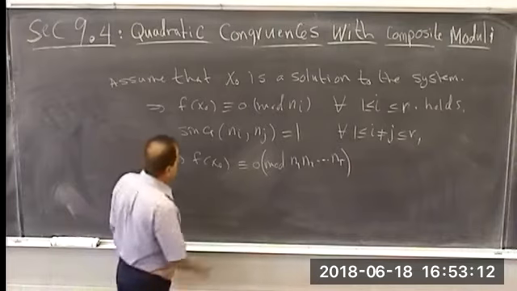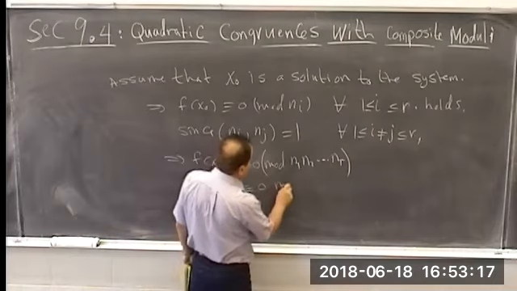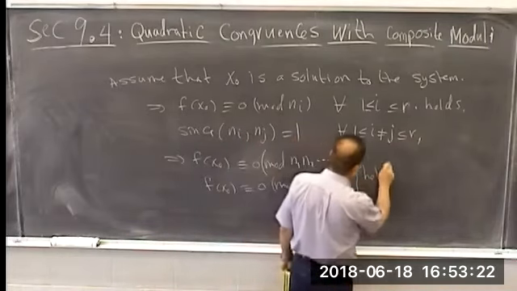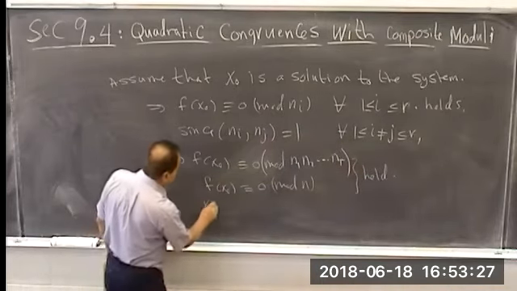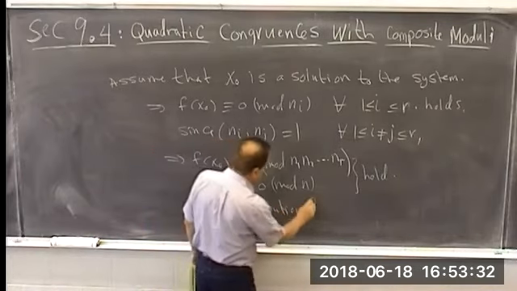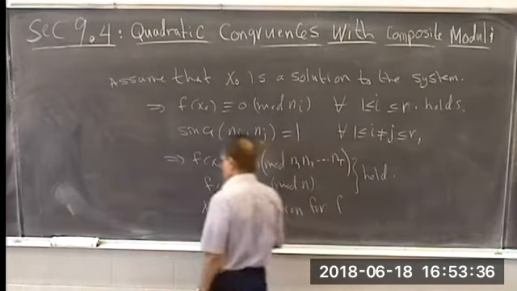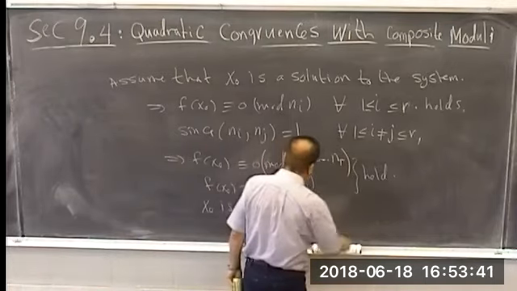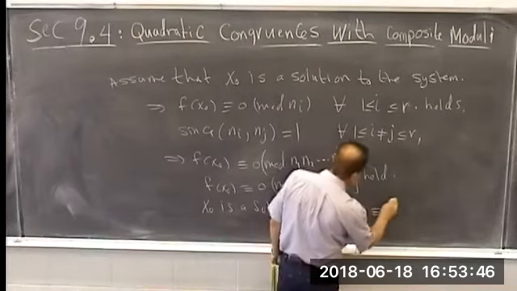All right? So this implies that f of x sub 0 is congruent to 0 mod n, both of these hold. And this means that x sub 0 is a solution to the single congruence, congruent to 0 mod n.